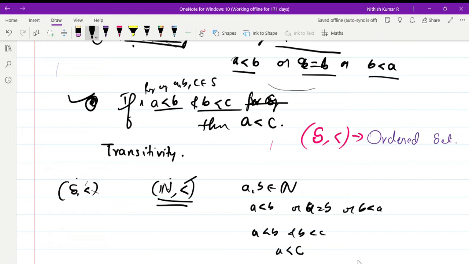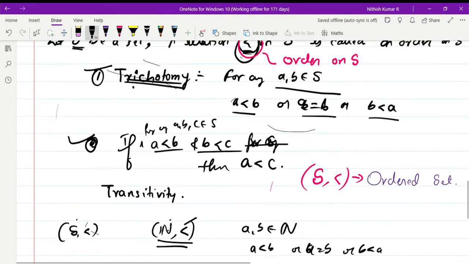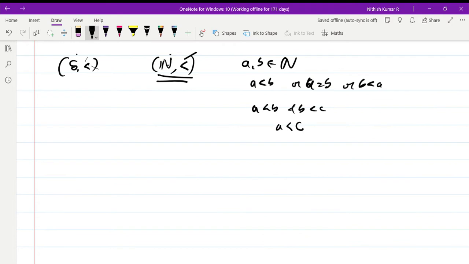Now using this ordered set, we are going to define some more terms. Now let S, less than be an ordered set.